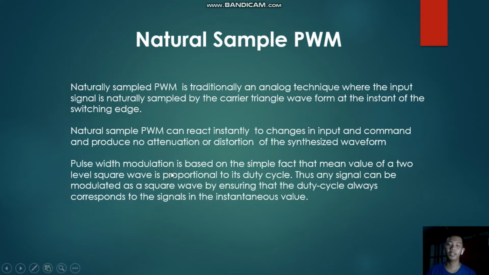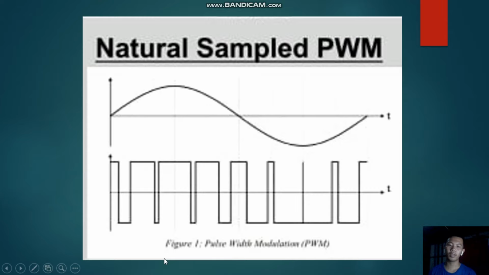Pulse width modulation is based on the simple fact that the mean value of a two-level square wave is proportional to its duty cycle. Thus, any signal can be modulated as a square wave by ensuring that the duty cycle always corresponds to the signal's instantaneous values. So we have here an example figure of pulse width modulation.